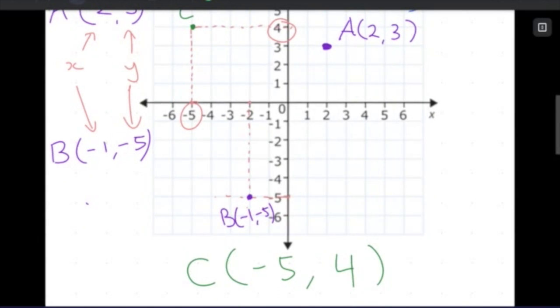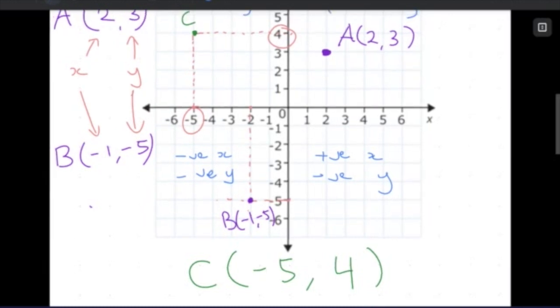And now here, my X is negative. My Y is also negative. And finally here, my X is positive. And my Y is negative.